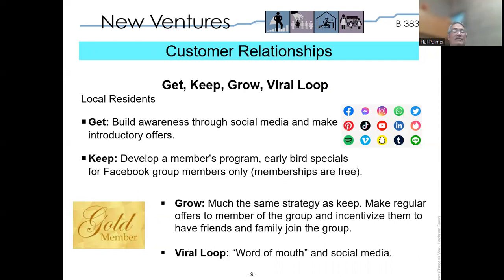The pattern is to get that person the first time and then keep them and then grow that business by using that customer, and get a viral loop going. Each step takes strategy and effort, in combination with satisfying the customer's needs.